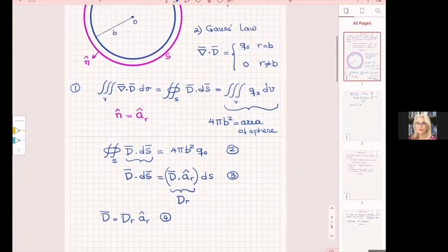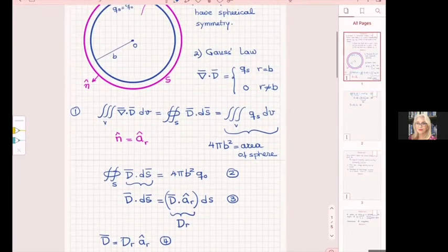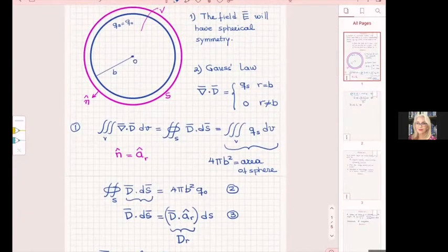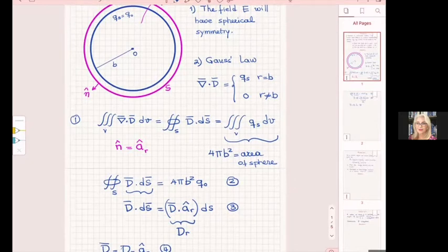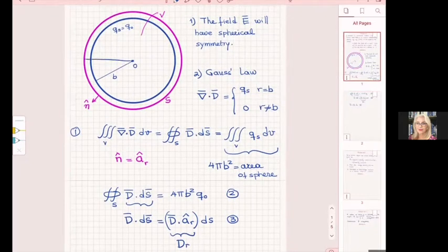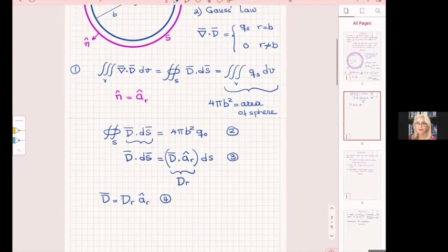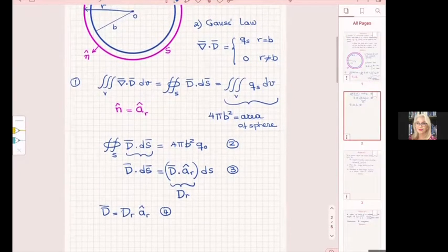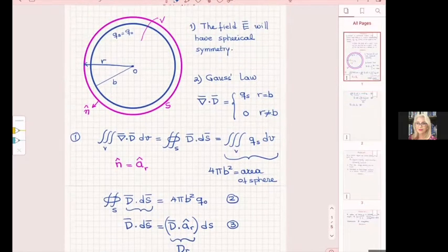What do we find? We have to take now the integral on this surface S, which has a radius r, of D_r. Since this is spherically symmetric, everywhere on this surface S, the pink one, the value of D sub r will be identical.